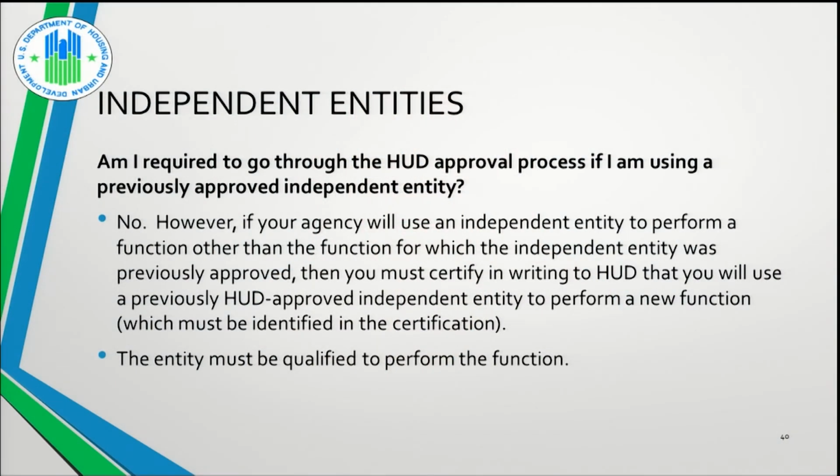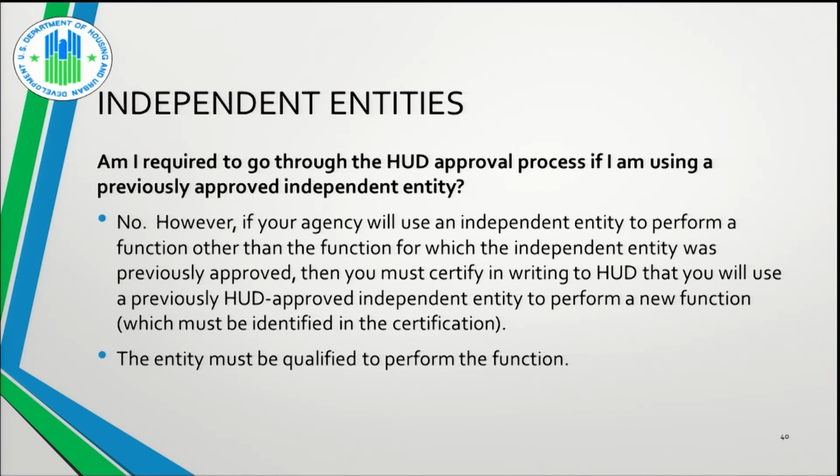Now, what if your agency is planning to use an independent entity that was previously approved by the HUD Field Office of Public Housing? Do you have to go through the process of HUD approval? The answer is no. But if your agency is using that previously approved independent entity to perform a function other than the function for which that entity was previously approved, then you must certify in writing to HUD that you will use a previously HUD-approved independent entity to perform a new function and identify what function that will be.